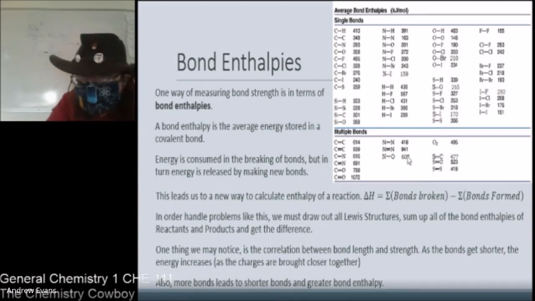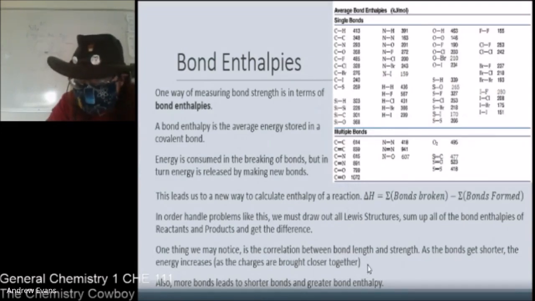One thing you should note as you look at this table is there are various different bond strengths. As we go from single to double to triple bonds, you'll get stronger and stronger, with more energy required to break.